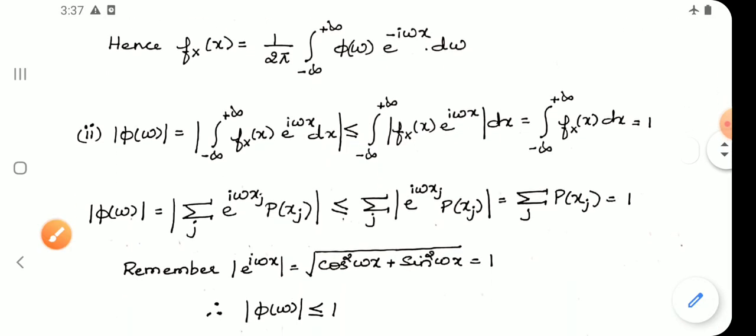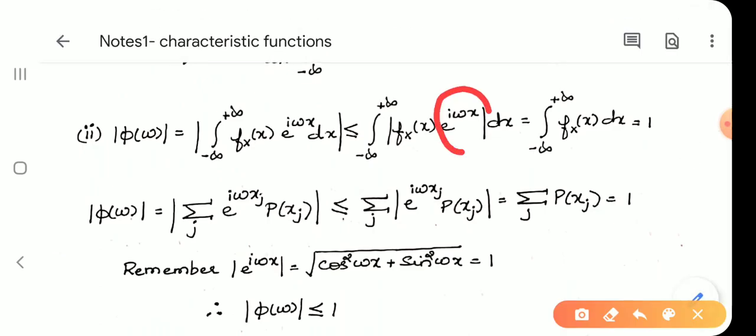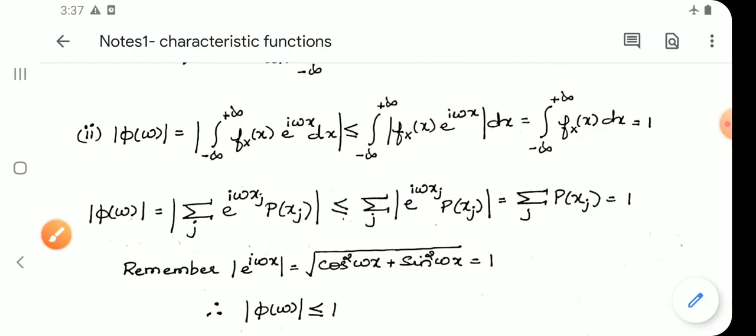Now the modulus of e to the power i omega x is equal to the square root of cos squared omega x plus sin squared omega x, which becomes 1.